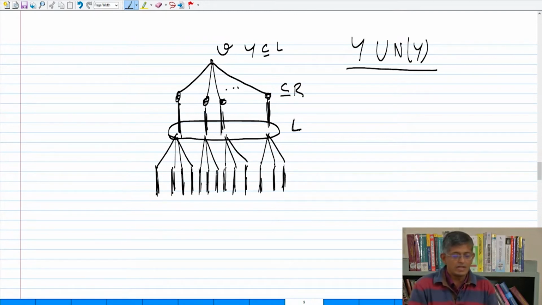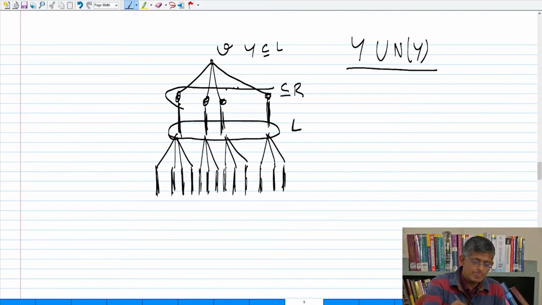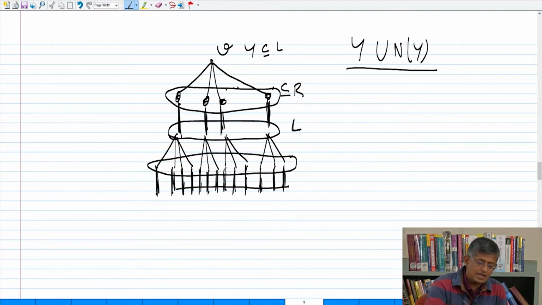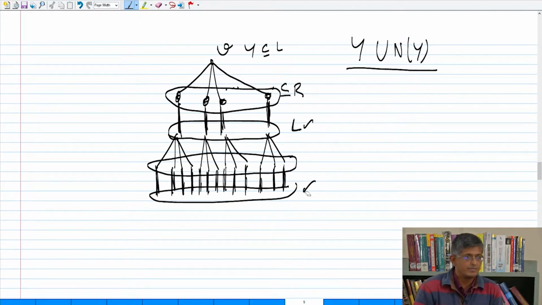right? So now let us just see. You have an equal number of vertices in R as there are vertices inside L which are matched, right?